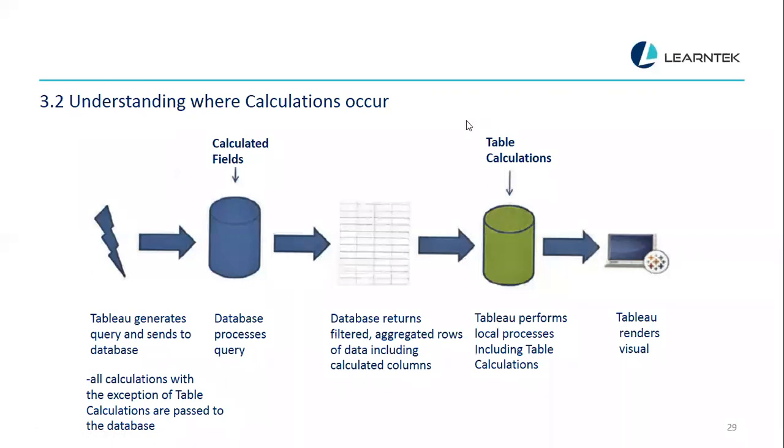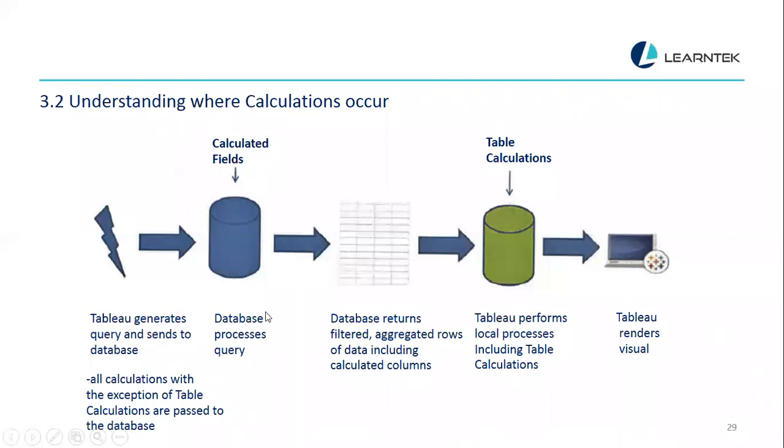So when you create a calculated field, Tableau generates a query based on the calculated field and sends that query to the database. All the calculations, with the exception of table calculations, are passed to the database. Okay, so table calculations are performed differently. So we'll confine ourselves first to calculated fields. Okay, so first those queries are sent to the database.